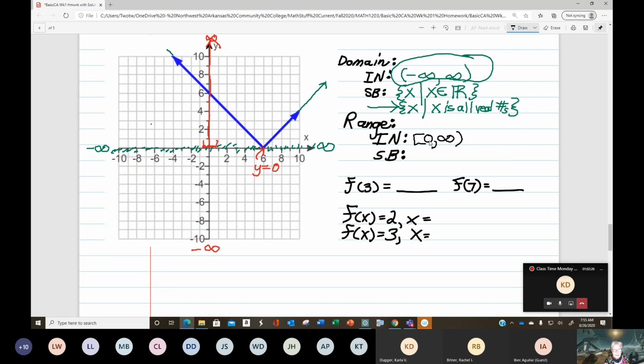Our range in set builder notation is the same idea, but with the y's, all y's, such that y is equal to or greater than 0, because it's equal to 0, and it's every number above 0.